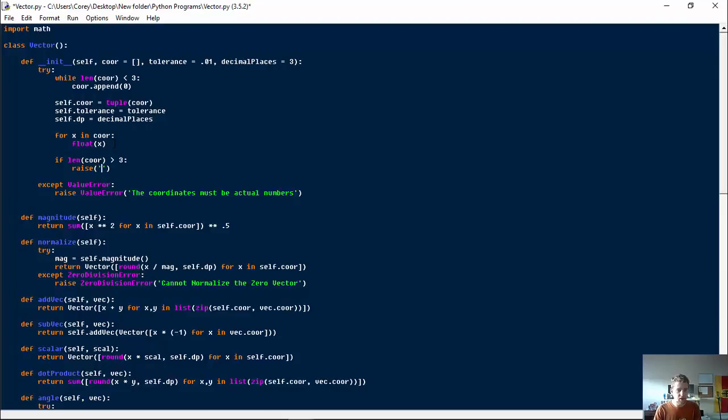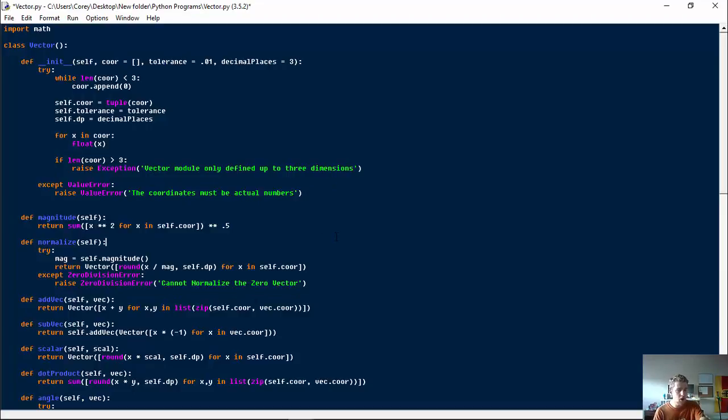Alright, I'll raise just a normal Exception. Vector module only defined up to 3 dimensions. Okay. Let me look at this real fast. Yeah, that wouldn't work, because then that final 5 wouldn't get done. Okay.